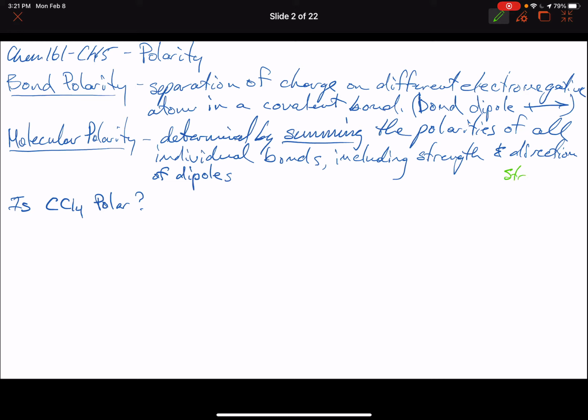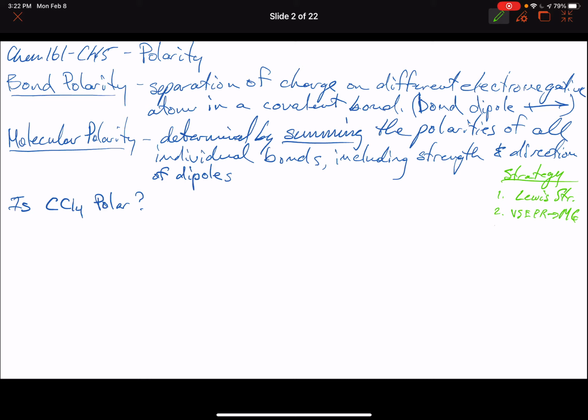So the strategy on something like this: Step 1, determine the Lewis structure. Okay. Step 2 is then apply valence shell electron pair repulsion to determine the molecular geometry.